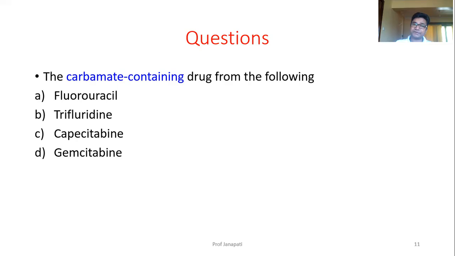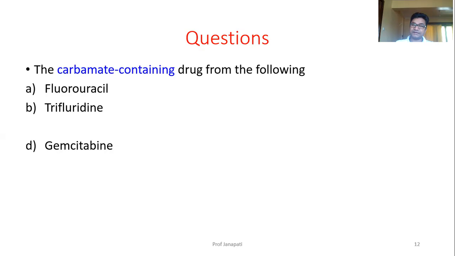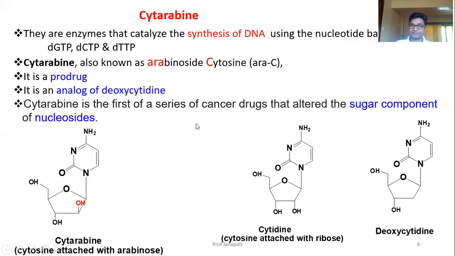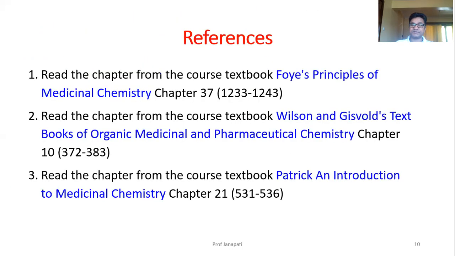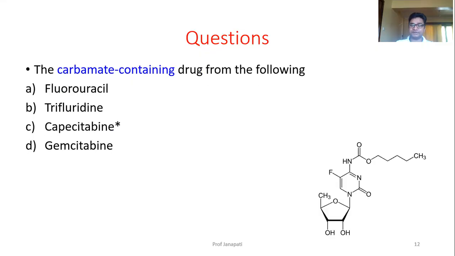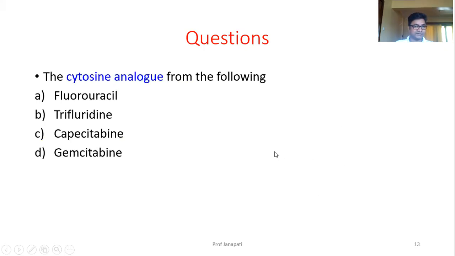Carbamate containing drug from the following. Capecitabine. Capecitabine is a drug which we were telling you. See, this is the carbamate containing drug. You can see the structure; for your convenience, I placed here a cytosine analog.